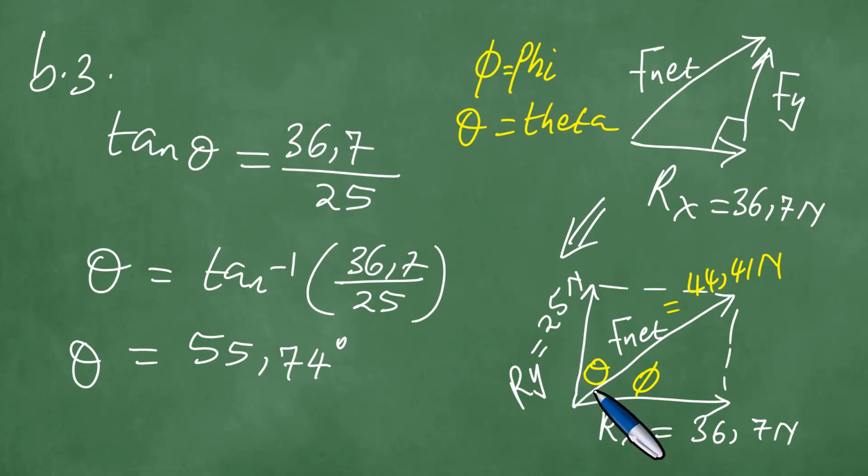And therefore, if you look at the resultant vector in the x direction and the resultant vector in the y direction, we're able to get the direction of the resultant force, which is actually this net force there.